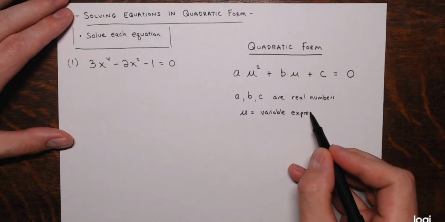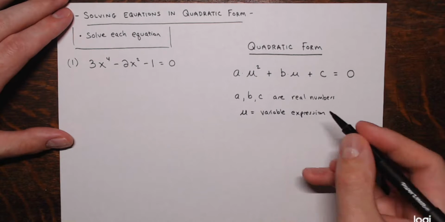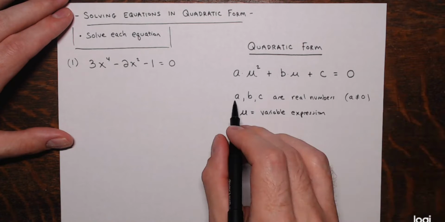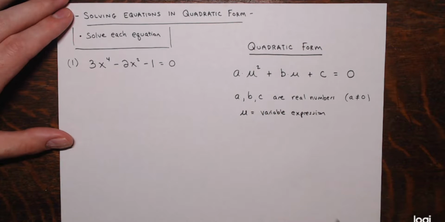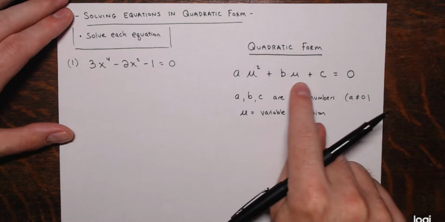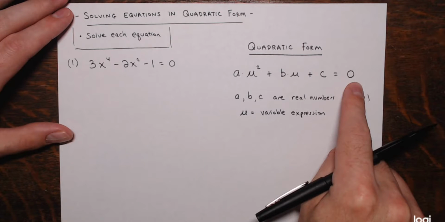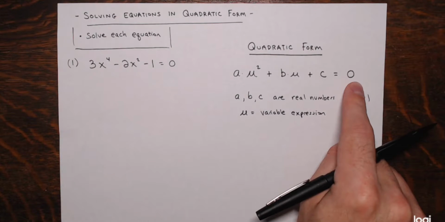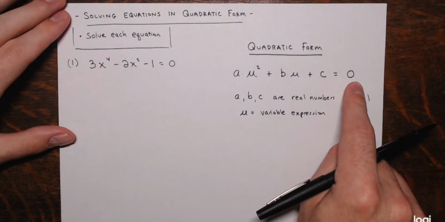And of course a is not 0, because if a were 0, it wouldn't be quadratic anymore. So if you can write an equation this way, then it's in quadratic form, and that means it can be solved in a very similar fashion to a quadratic equation.